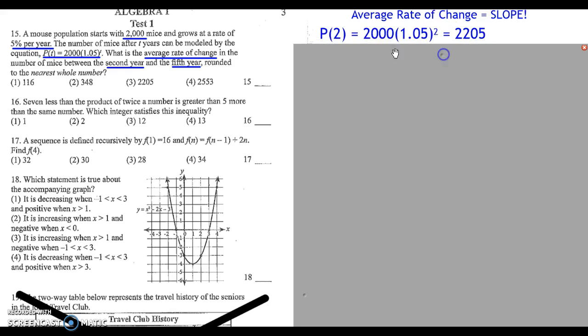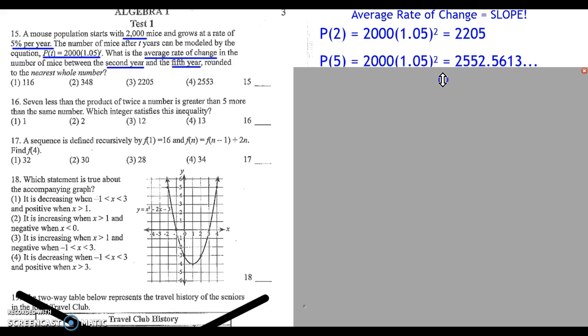So the amount of mice in the second year is what happens when you substitute 2 in for x. You get 2,205. In the 5th year, you get 2,552.5613. Now the slope formula is going to be rise over run. We're going to do the change in y, so from 2552 to 2205, divided by the change in x, which is from 5 to 2.